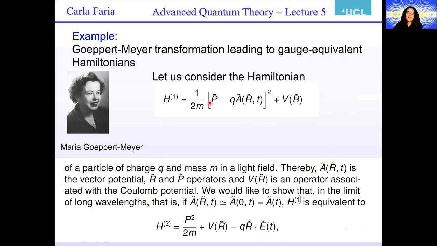Here you see the momentum operator of this particle, here the vector potential, which is a function of the position operator and of time, and here the binding potential. This is a fully time-dependent Hamiltonian, so a lot of things that you see for time-independent conservative systems are not going to apply.